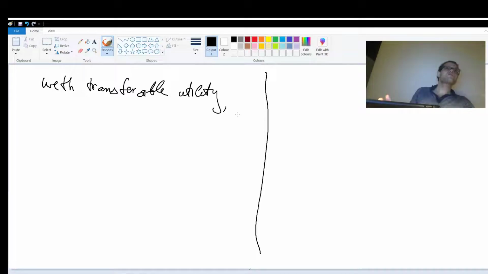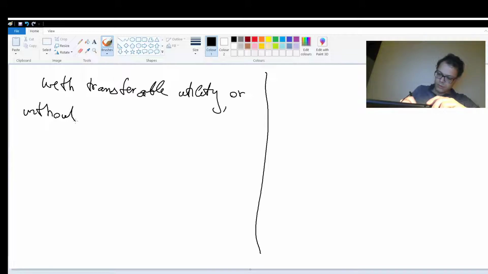If it's without transferable utility, for example, money is transferable, but your enjoyment from being with a certain person in a bus when you go on some trip is non-transferable. Because if someone else enjoys being with Jack, it does not help you. So it can be either with transferable utility or without.